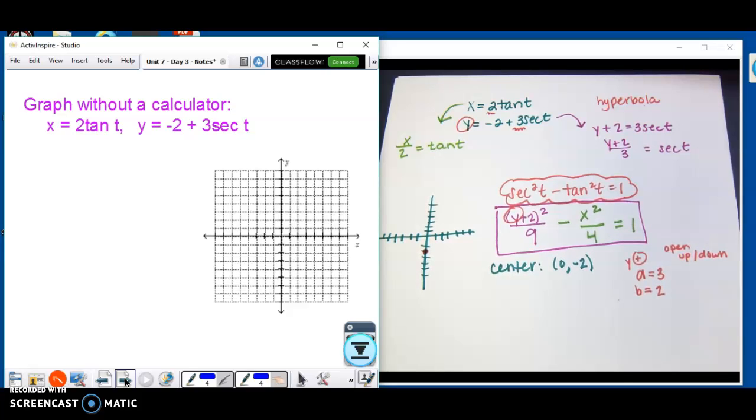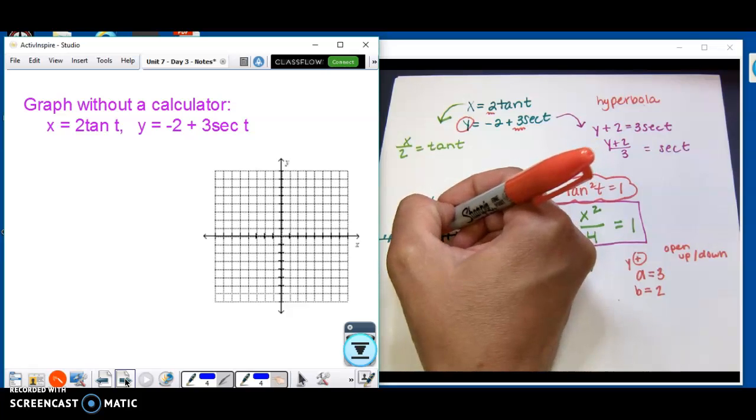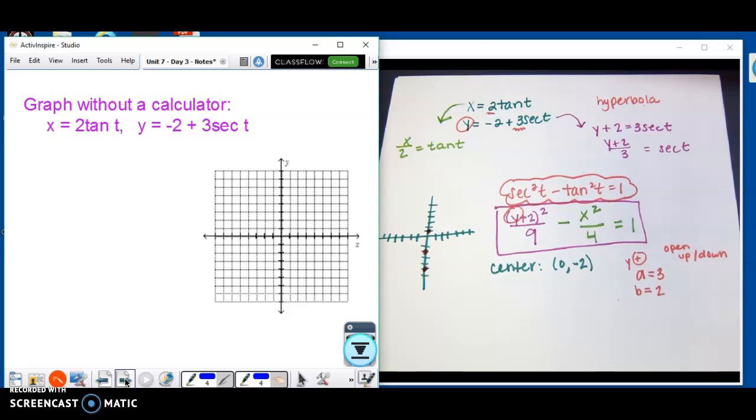For your A value, we're going to be moving up and down because that's y plus. So I'm going to go up 3 spaces and down 3 spaces. If you remember, you're not going to graph the B value points for the hyperbola. So this is going to be going up and down.